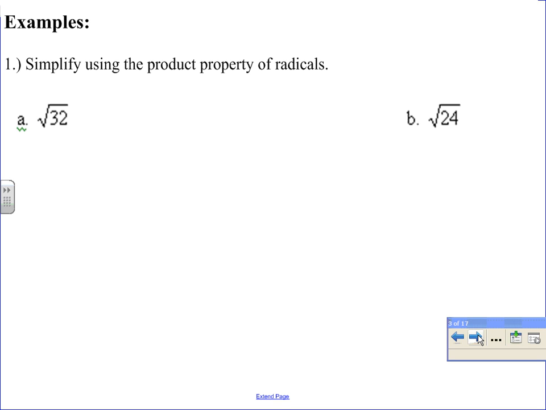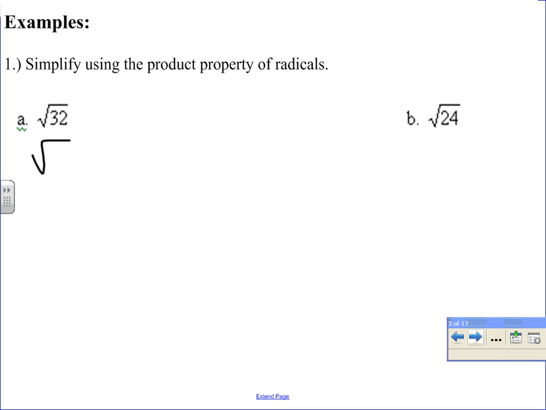There might be a larger perfect square that goes into 32 to make it easier for us. So go to 9. 9 is a perfect square. The square root of 9 does not go into 32. So let's try a couple more. Let's go to 16. Okay, 16 is a perfect square, and it does go into 32. 16 is the largest perfect square that goes into 32.